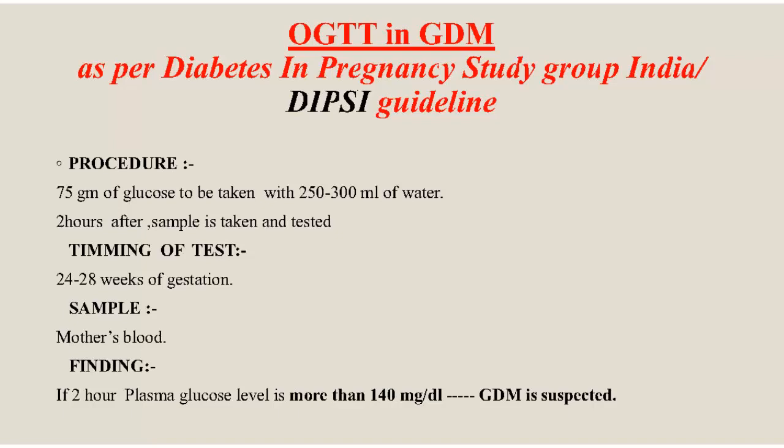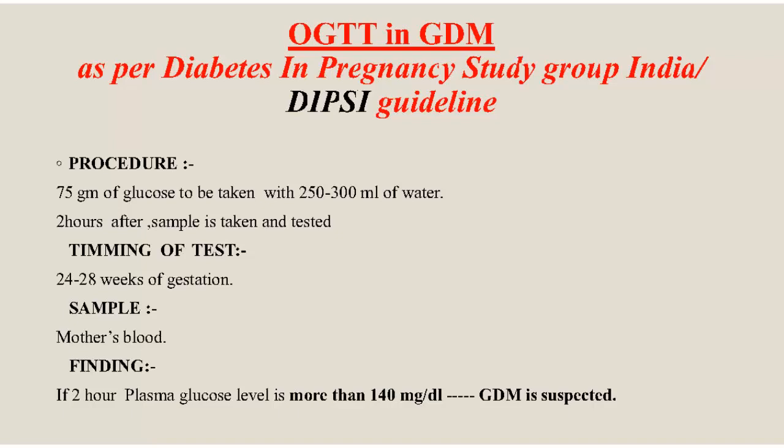Now what is the finding? If 2 hours after the glucose load the plasma glucose level is more than 140 mg per dL, gestational diabetes is suspected in that patient. Now remember this DIPSI guideline by heart.